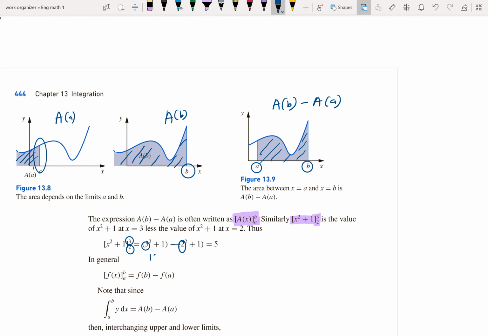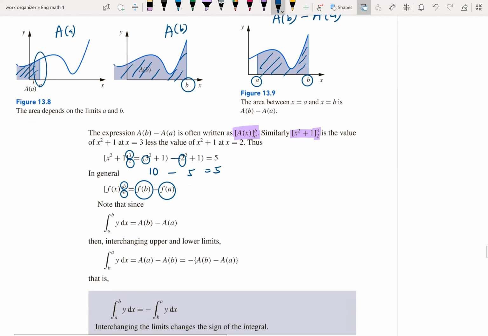So this is 10 minus 5, we get 5. So this is how we write it: F(b), the upper limit, minus the lower limit.